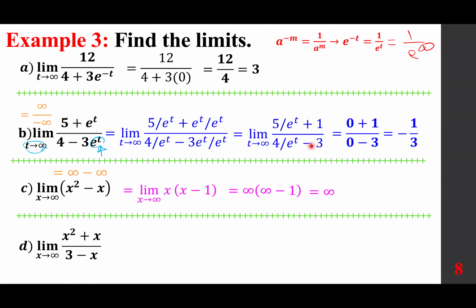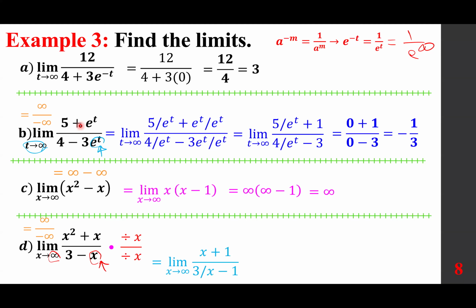The limit of x squared plus x over 3 minus x as x approaches infinity. Plug in, you get infinity minus infinity. Again, this causes it to go to negative infinity. Rational expression, x is approaching infinity. You divide by the highest degree term in the denominator. Over here, we see the highest value because it's not a rational expression.